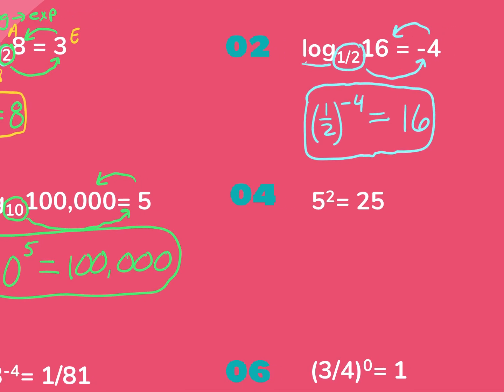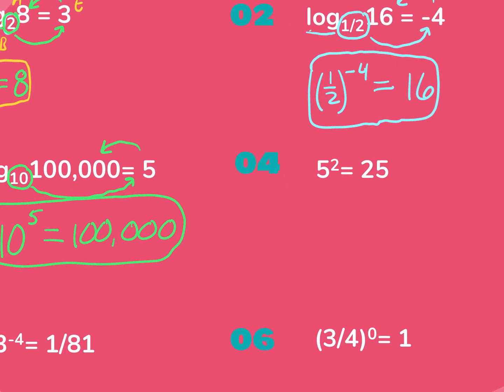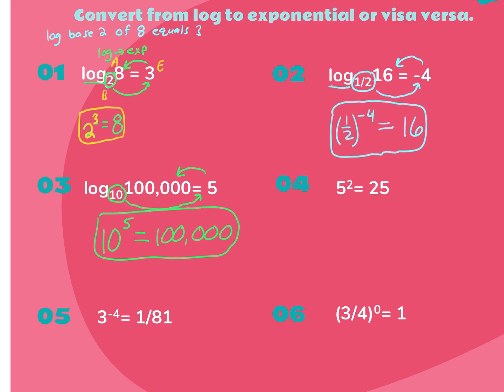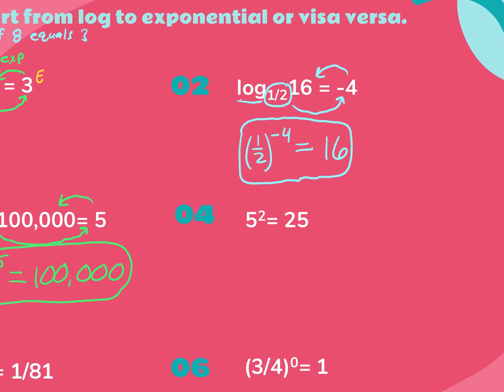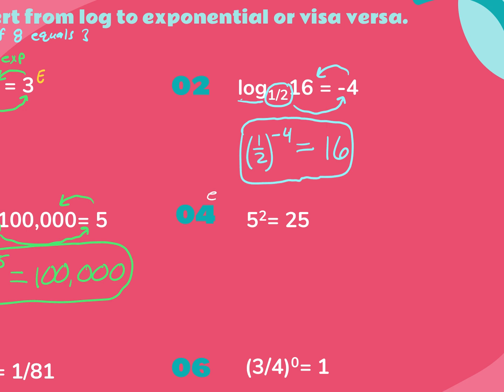Now, if you look at the rest of these examples, none of these have a log in it, which is perfectly fine. That just means we're going to convert it from exponential to logarithmic. So I'm going to do the exact same thing. What's our base here?